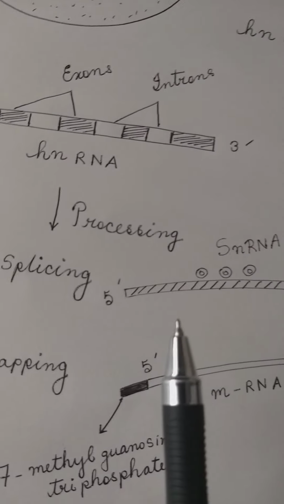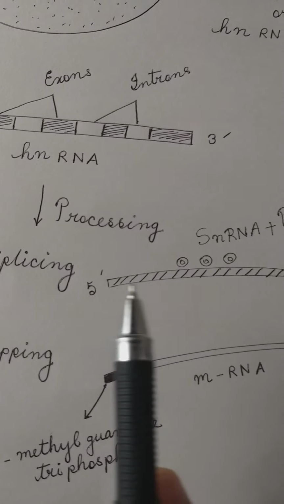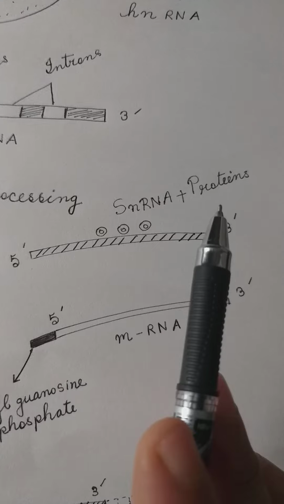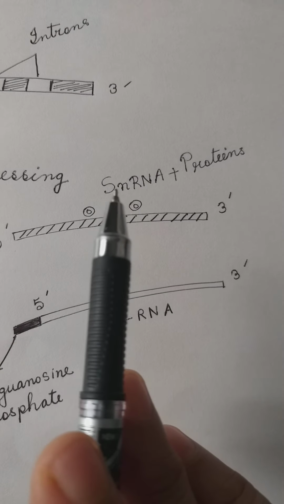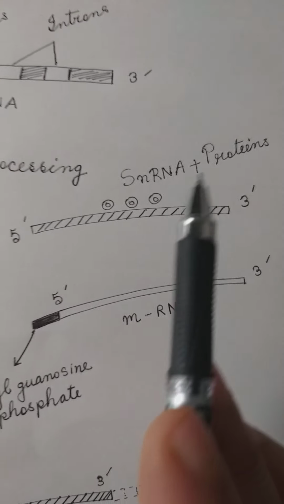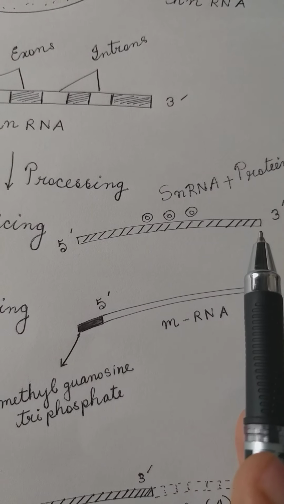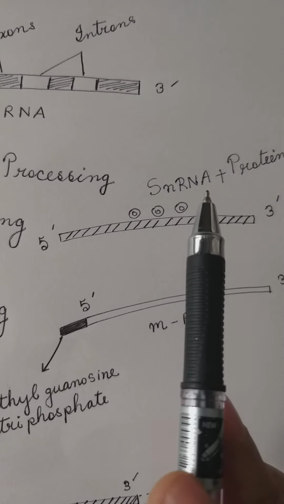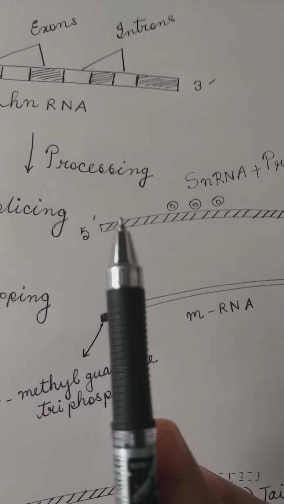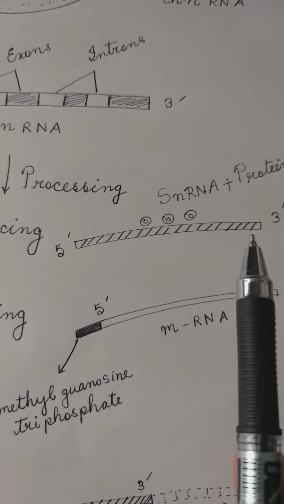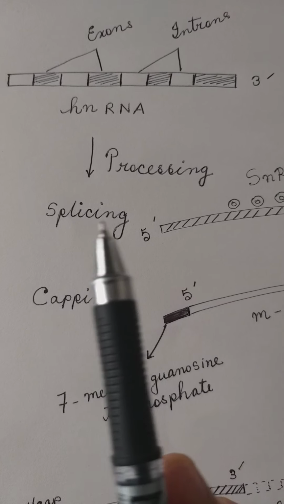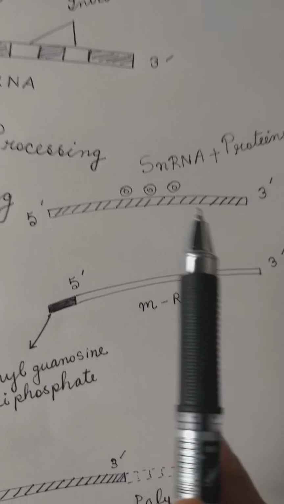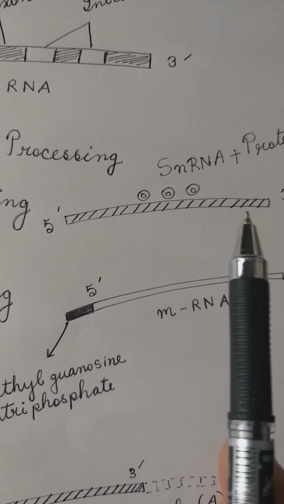So because of splicing, exons are joined. So in this process, some proteins and small nuclear RNAs associate and bind to the messenger RNA to help in the process of splicing, to remove the introns and to join the exons.